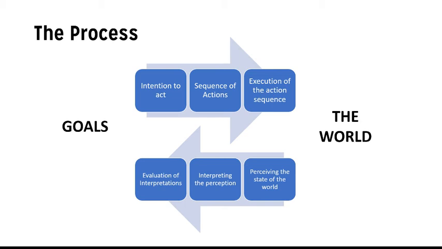So you come up with the motivation to meet your goals that you've developed. And then from this intention to act, you come up with various different actions. And then the execution of the action sequence, actually putting the designs into place. And then that's put out into the world.